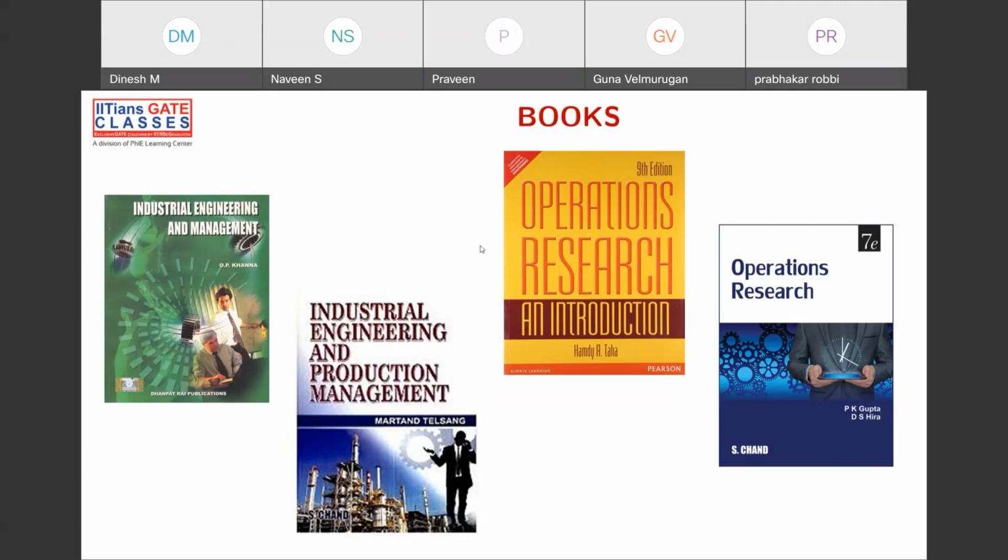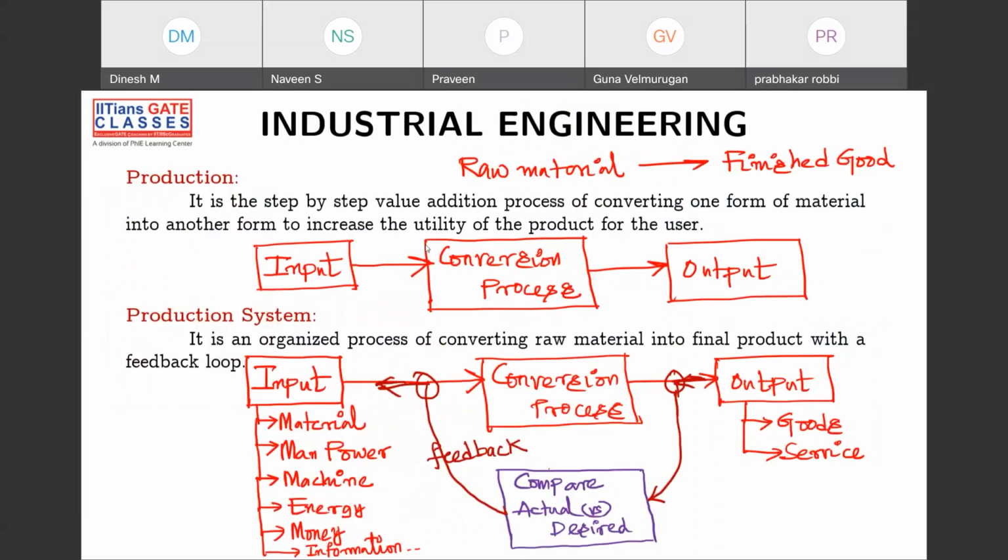Fine. Now, first we have to know what is the difference between a production manager and an industrial engineer. But before that, we have to know what is the difference between production and production system, right?